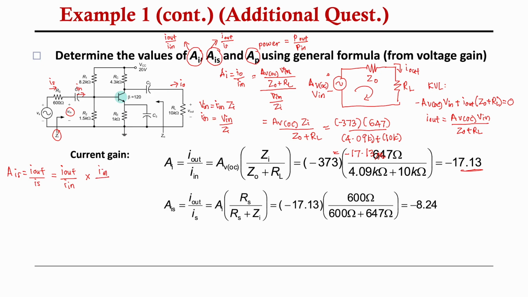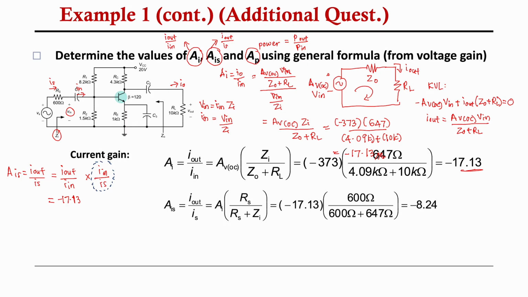I out over I in we have calculated earlier, which is negative 17.13, and left behind is only I in over IS. So this is the one that we need to calculate. Now let's look into how to calculate I in over IS.